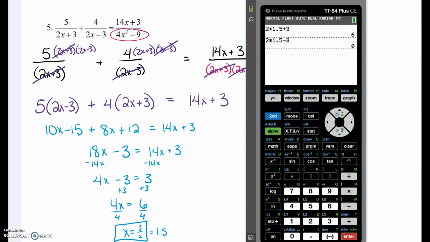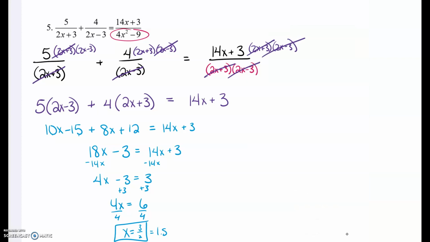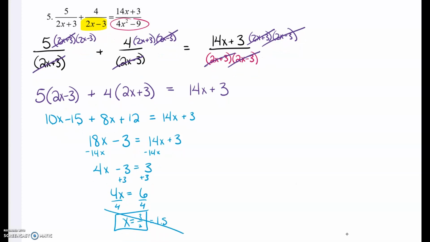So when we put 3 halves, or 1.5, into this denominator, it creates 0, which is bad. So we cross that answer off. And if our only solution doesn't work, then our answer is no solution.